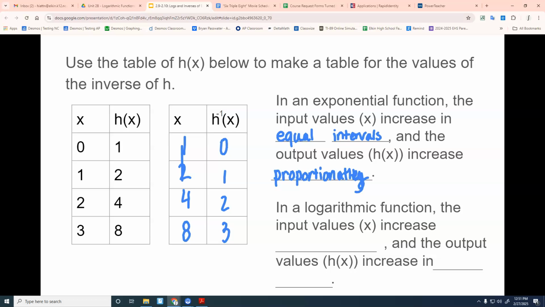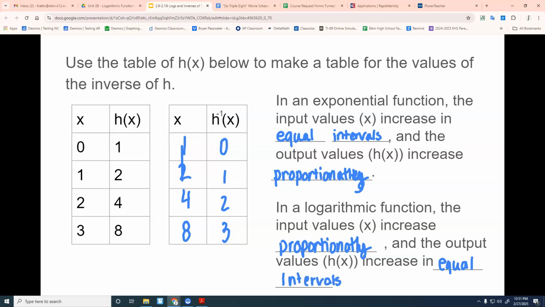So for a log, that's the inverse of an exponential. So our x and our y's kind of switch here. So in a log function, the input values increase proportionately, and the output values increase in equal intervals.